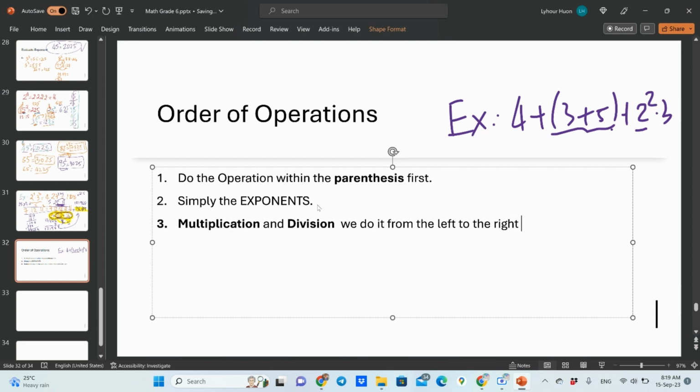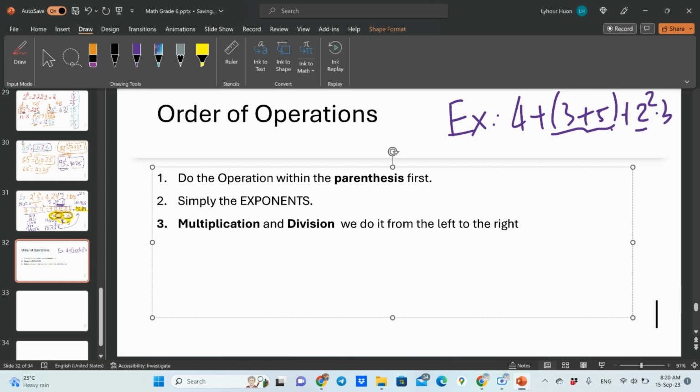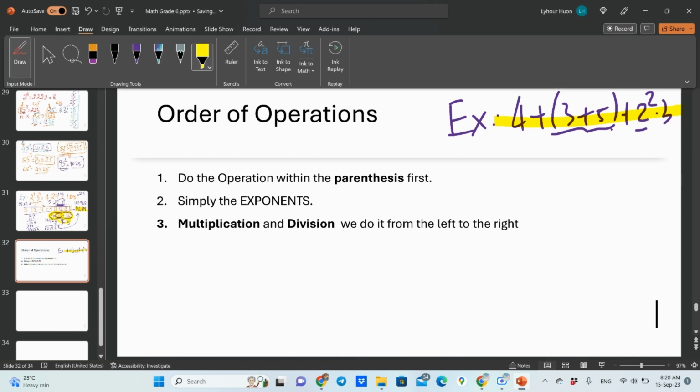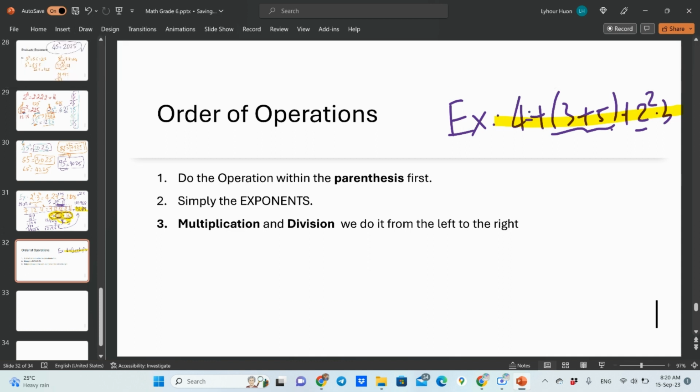So it doesn't mean that we have to do multiplication first, or that we need to do the division first. We do multiplication and division at parallel times, but we just check from the left to the right. If, for example, we have the division here, we do this first and then this after.